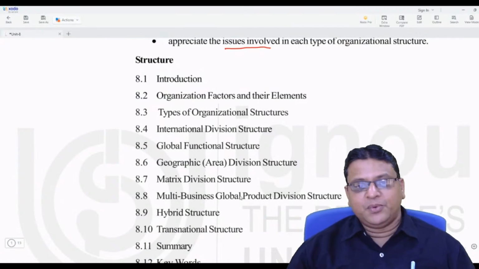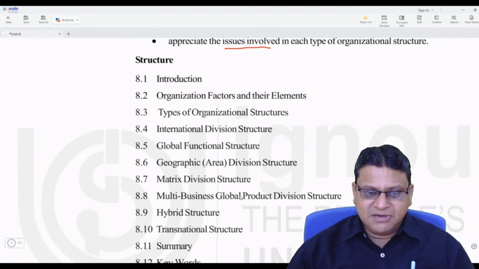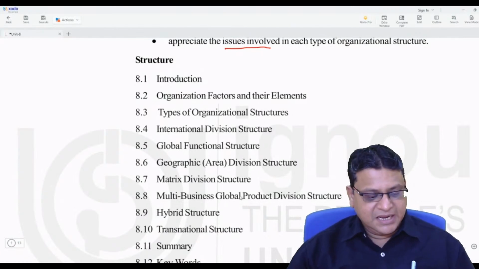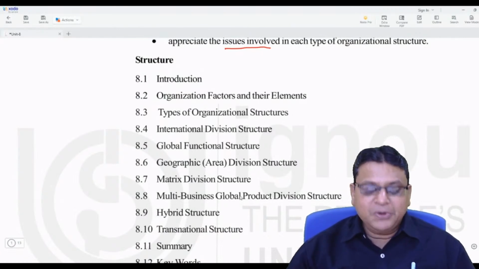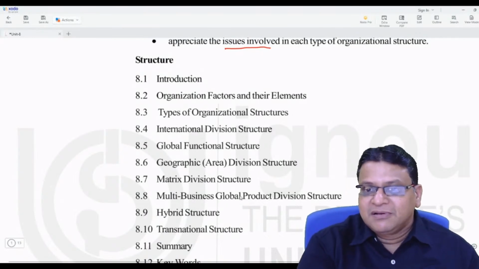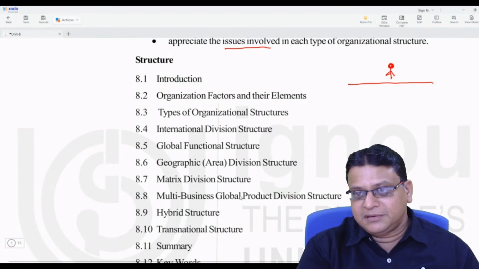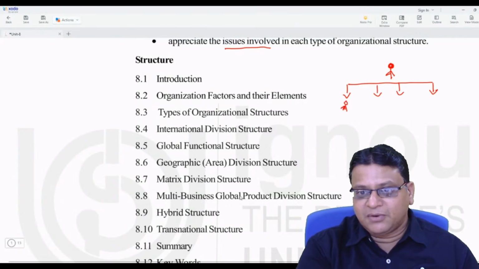First, let me tell you what we mean by organizational structure. Organizational structure simply means how people in an organization are grouped and to whom they report. Let's take an example of a typical organization. This is the top boss, and there are 4 persons working under the top boss.